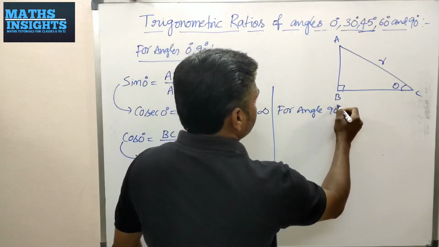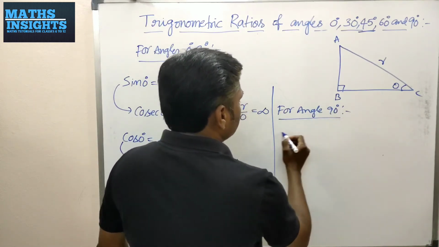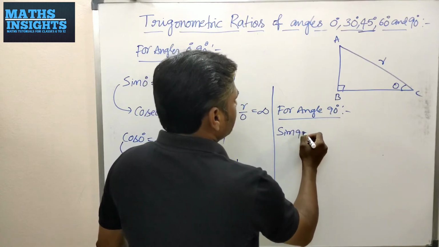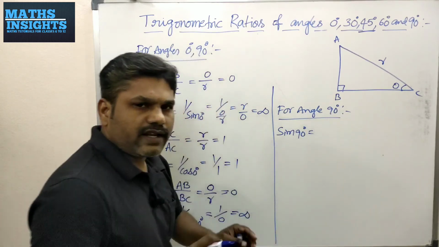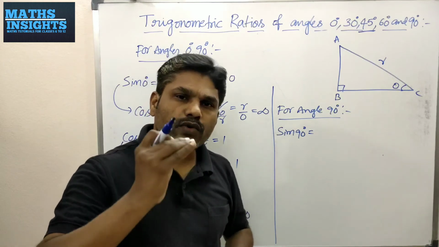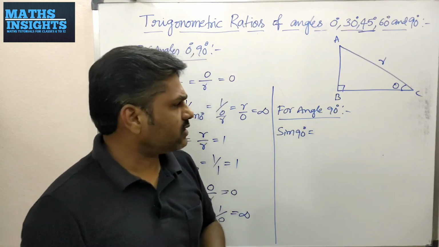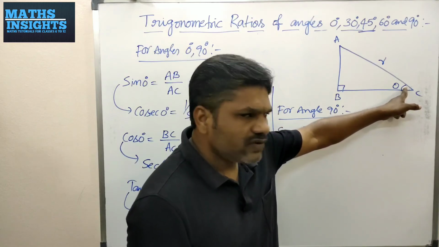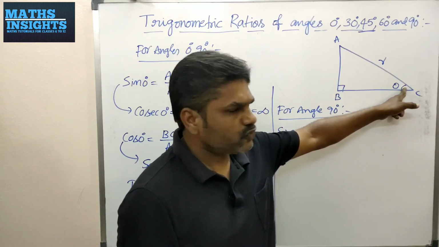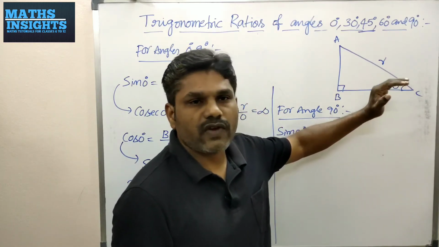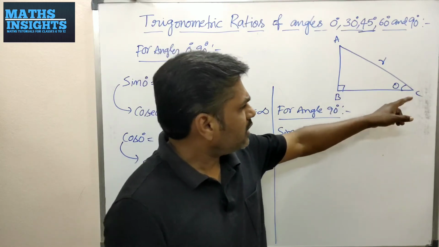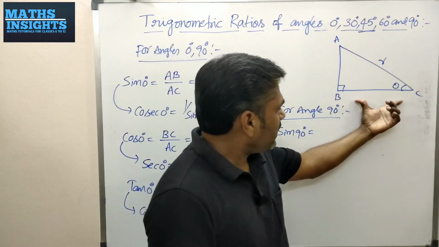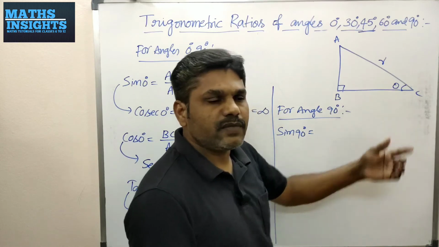For angle 90 degrees, this is also important. First I will define sine 90. Sine 90 is defined as side opposite to 90 by hypotenuse. See, when you want to make this angle 90, actually this is less than 90, so you have to increase its value to 90. That means you have to decrease the length of this side BC.